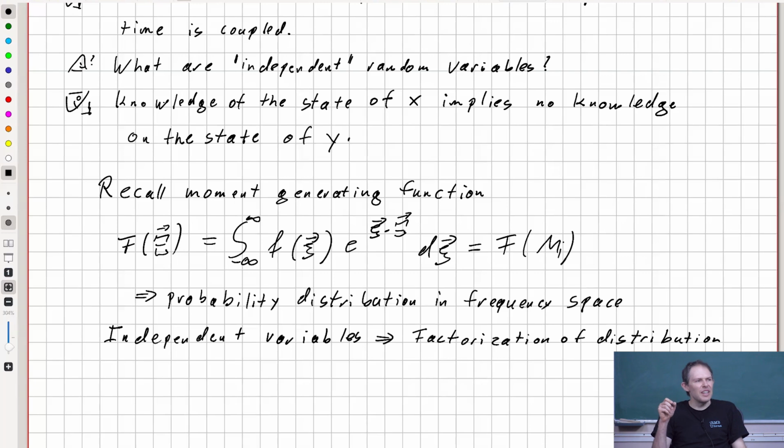So you are certainly aware that if there are independent events coming together, this is very important because events are very, very often not independent.